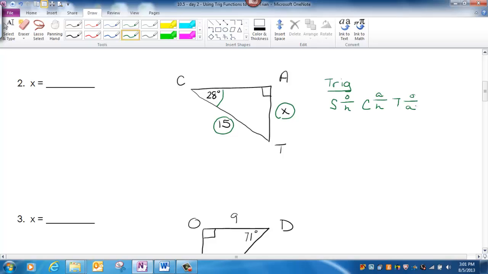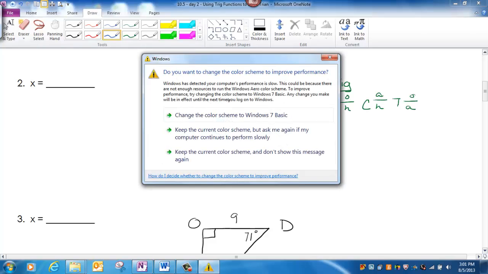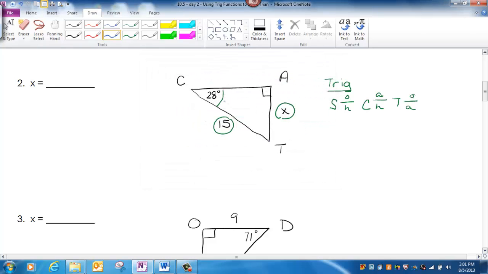Okay, so we have to figure out which one of these trig functions, sine, cosine, or tangent, we want to use. To figure that out, we have to look at the 28 degrees and see, what is the x as it compares to the 28 degree angle?